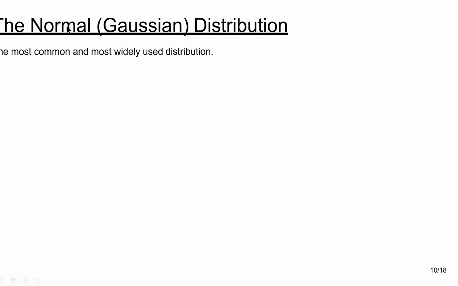All right, so we're going to assume most of the time that random data that we collect has a normal or Gaussian distribution. This is the bell curve, a symmetric distribution, and that's going to be our assumption for most data.